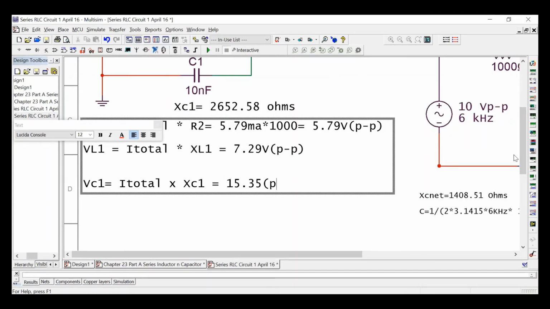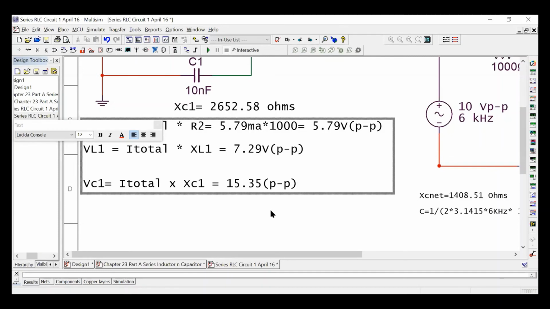If I take the two active components and add them together, that gives me 22.64. Maybe something's off on our current. We'll find out in a second.